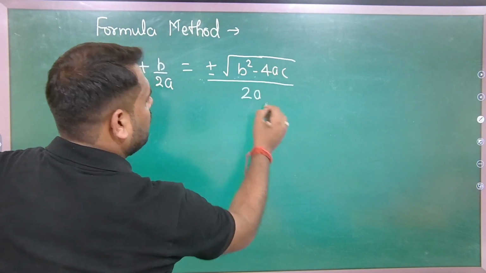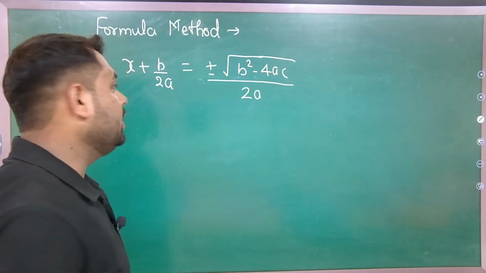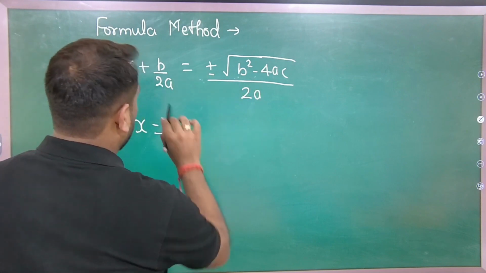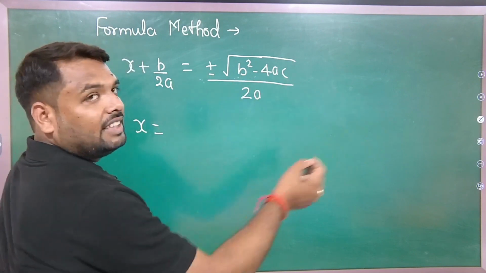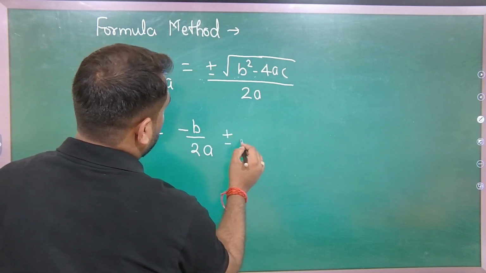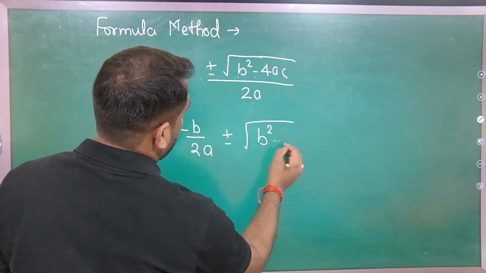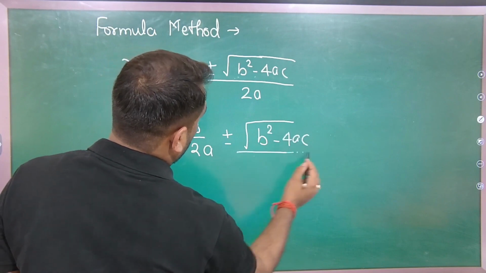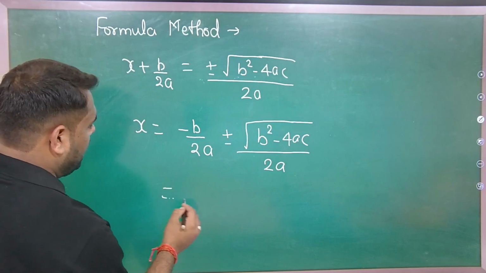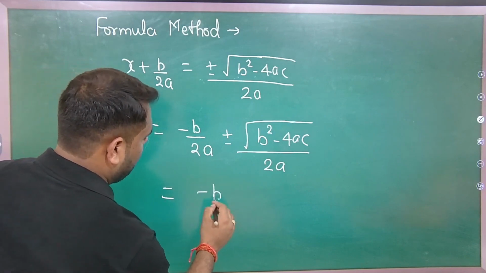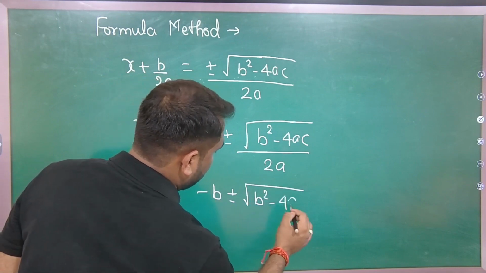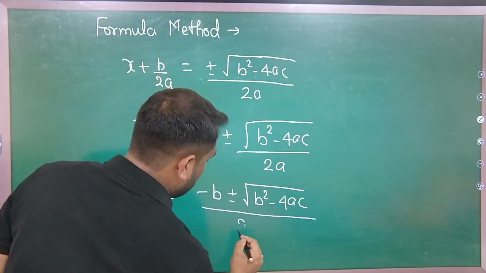So here x will be equal to, if we transfer to the right side, minus b by 2a plus minus under root b square minus 4ac upon 2a, and if we take 2a as LCM, then it will be minus b plus minus under root b square minus 4ac upon 2a.